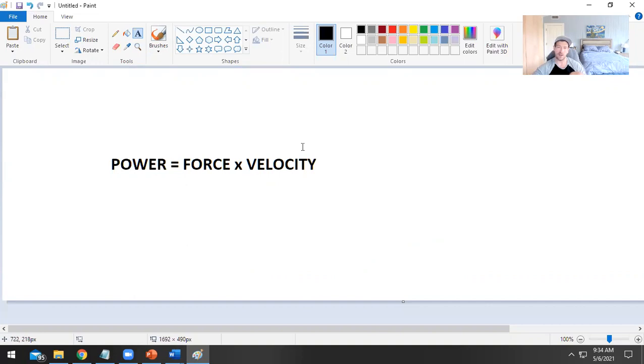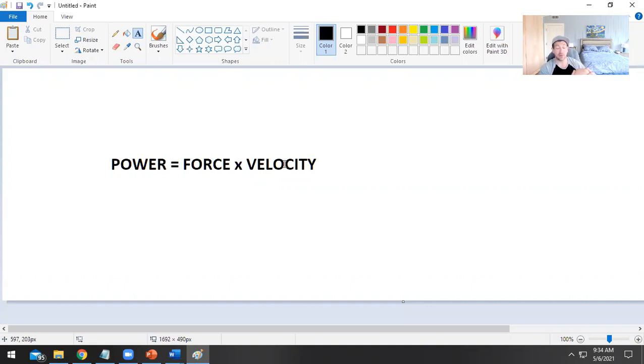So that also means that 50 pounds moving at 2 miles per hour, twice as fast as 1 mile per hour, is the same power output as 100 pounds at 1 mile per hour.